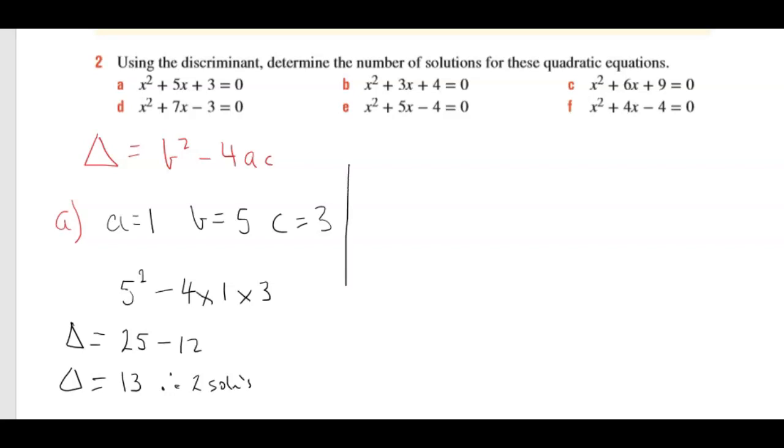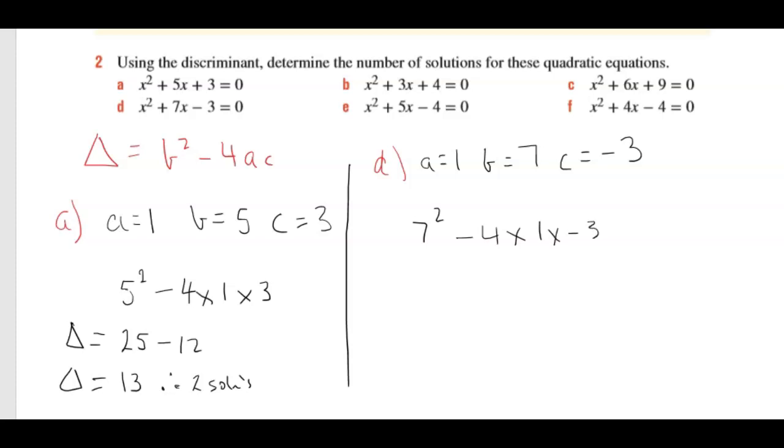All right, let's do one from the second row. I'm just having a look. They're all pretty straightforward. I don't know which ones have solutions or which ones don't. So let's do D. In this case, A is 1, B is 7, and C is negative 3. So b squared, 7 squared, minus 4 times 1 times negative 3.